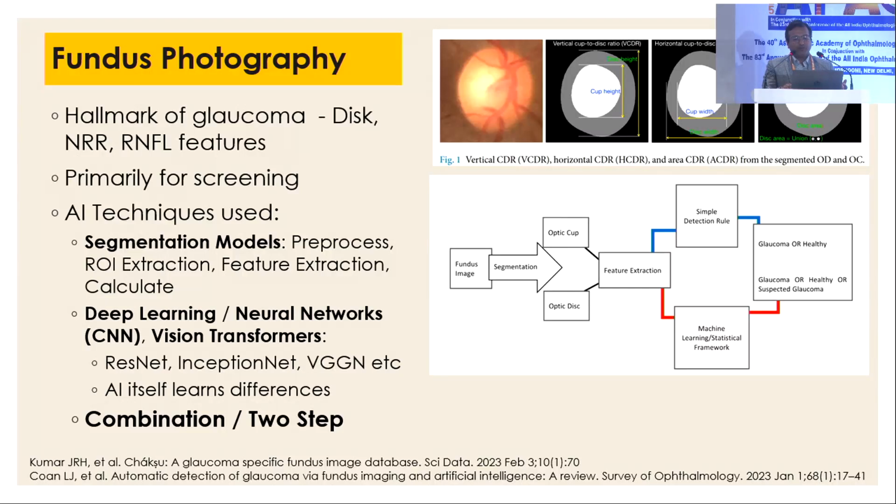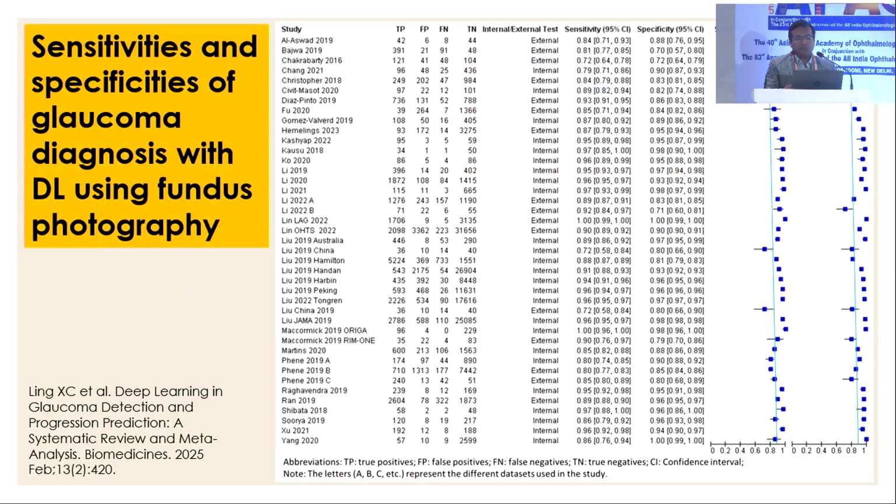From there on, we have moved on to convolutional neural networks, CNN, wherein the algorithm itself identifies the features between the two classes of images, glaucoma or non-glaucoma, which make these groups of images different, and then uses its own learning to identify and classify new data that it receives. And now we are also looking at combination approaches, wherein both segmentation methods as well as deep learning methods are being utilized for developing algorithms on fundus photographs.